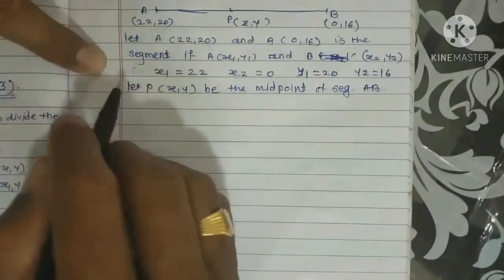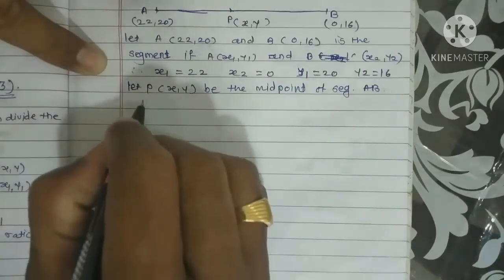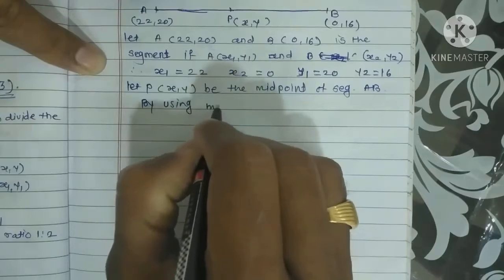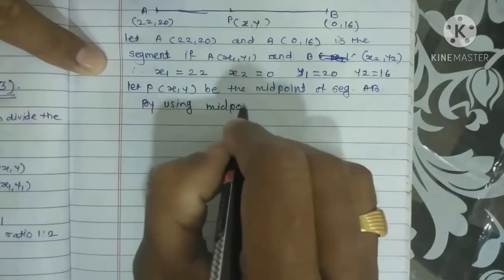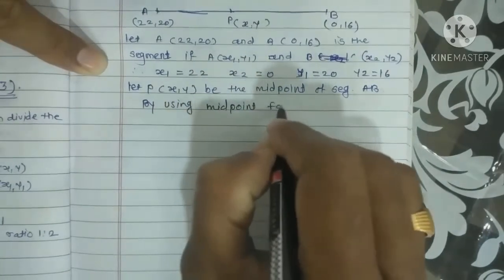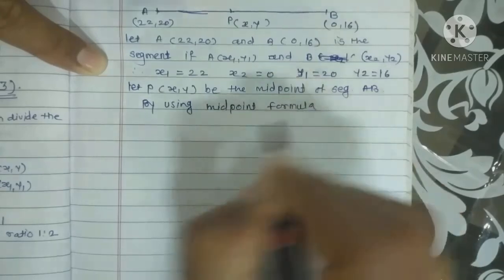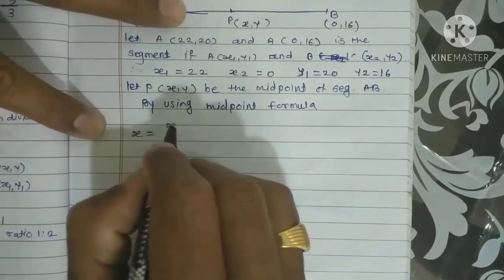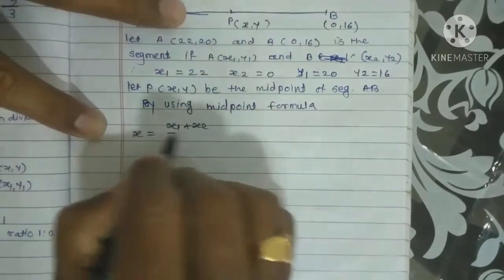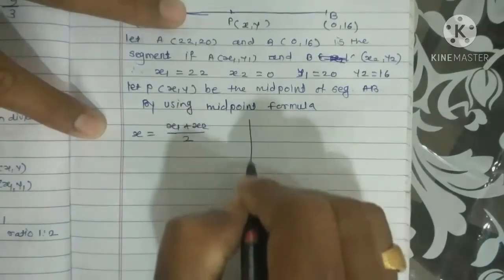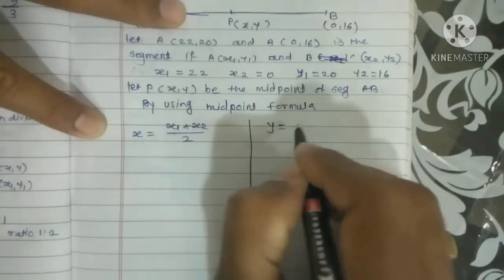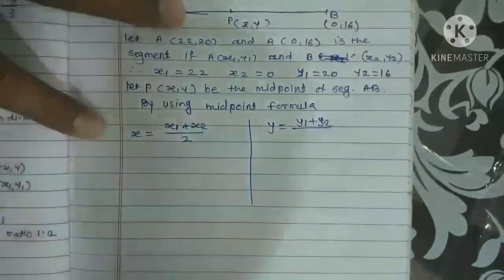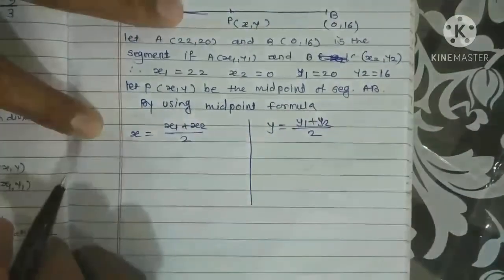Then by using the midpoint formula, x is equal to x1 plus x2 upon 2 and y is equal to y1 plus y2 upon 2.